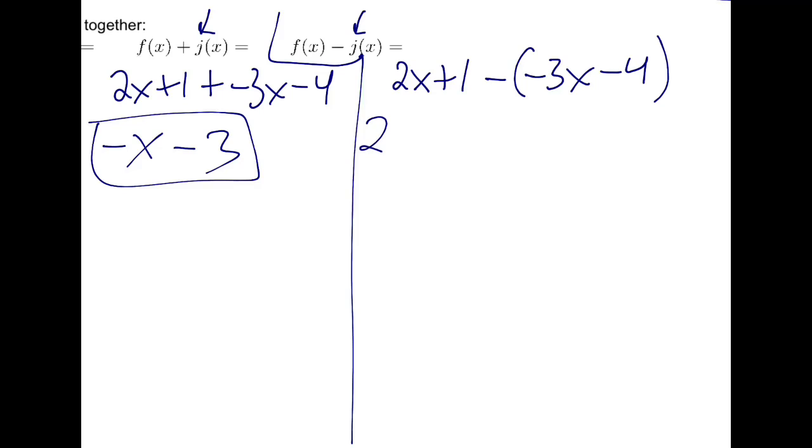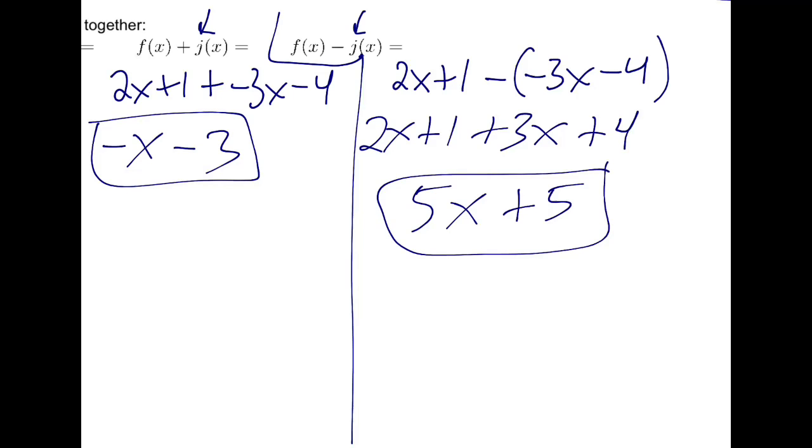First thing I do over here is I distribute, so 2x plus 1 stays the same, but now it's plus 3x and plus 4. So when I combine like terms, I have 5x plus 5. Very different answers, depending on whether I'm adding or subtracting. The most common mistake is forgetting to distribute to the second term as well as the first.